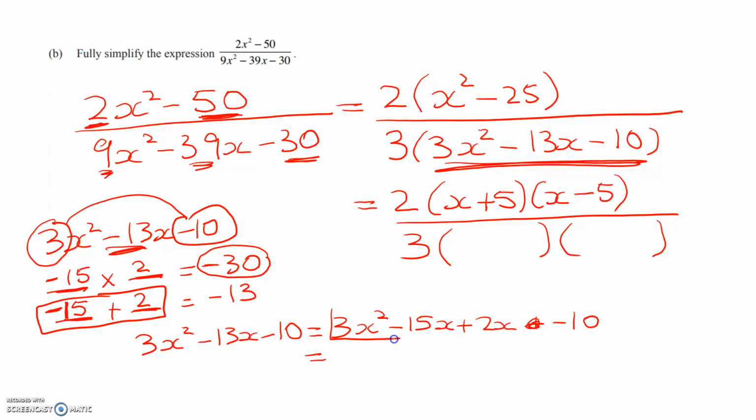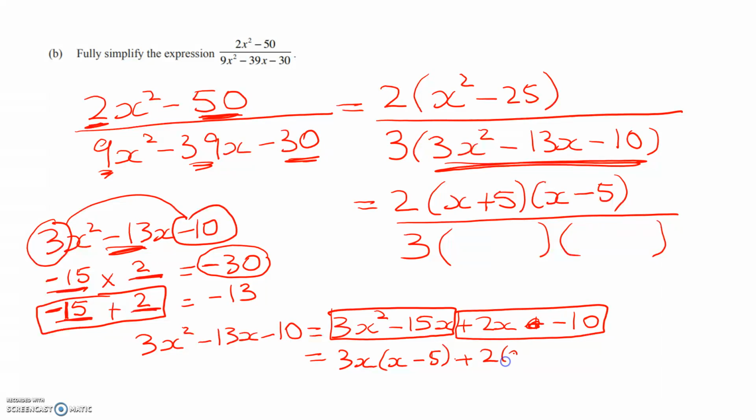And now we can factorise in 2 stages. We get 3x times x minus 5. Is that right? That's right. Plus 2 times x minus 5, which factorises to give me 3x plus 2 times x minus 5.